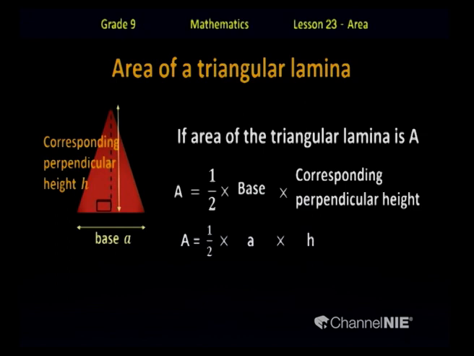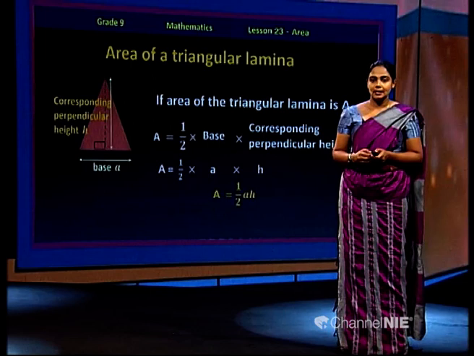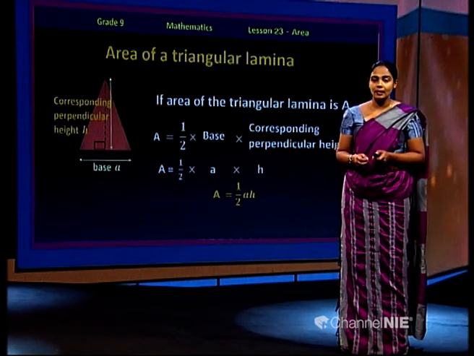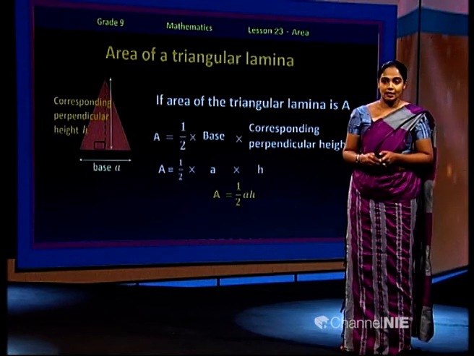Here base is denoted by symbol a. Perpendicular height is represented by symbol h. Last, we can write down area equals half ah. Then dear students, we recall the knowledge, finding area of a square, finding area of a rectangle and finding area of a triangle. Now let's solve these problems.